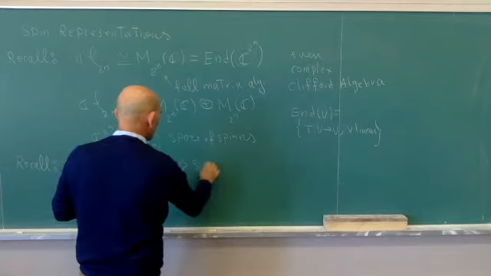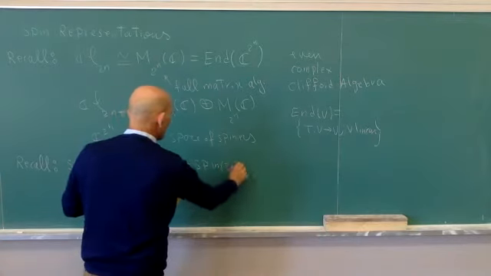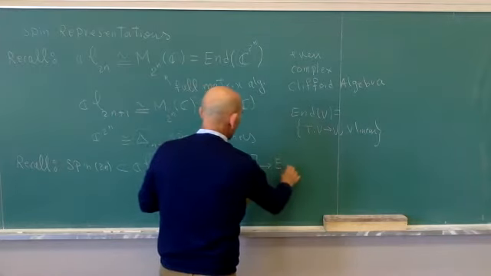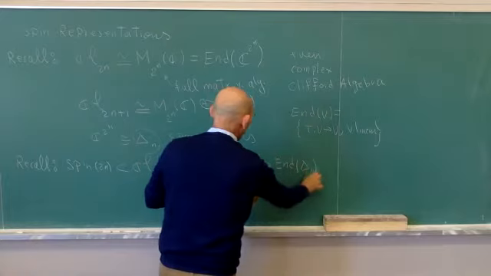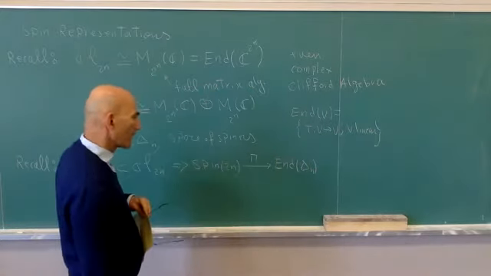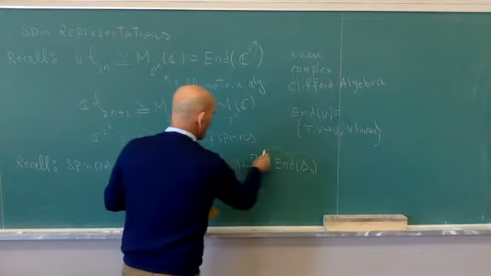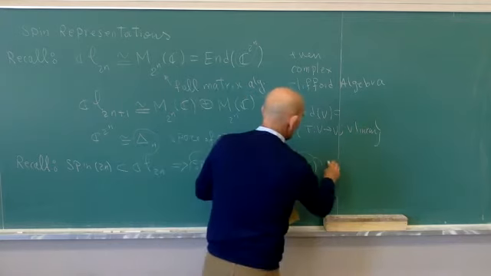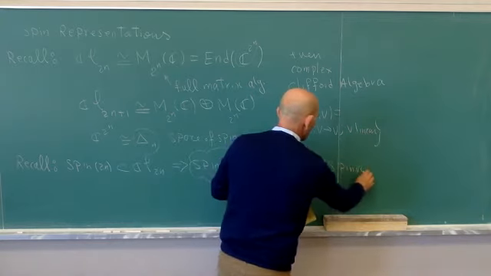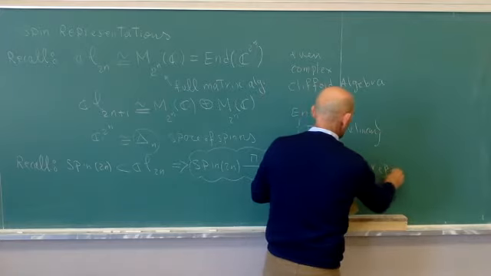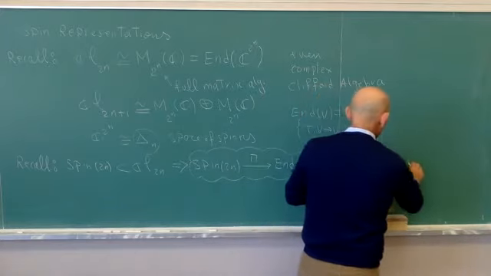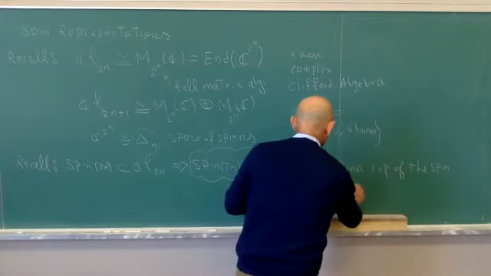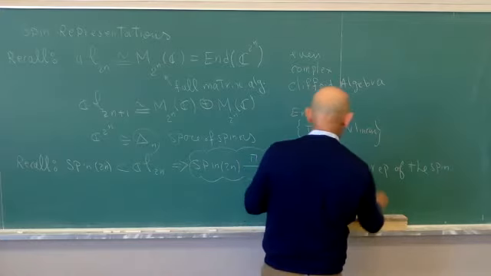So Spin 2n has a map pi to endomorphisms of delta n. This is called the spinor representation of the spin group Spin 2n.